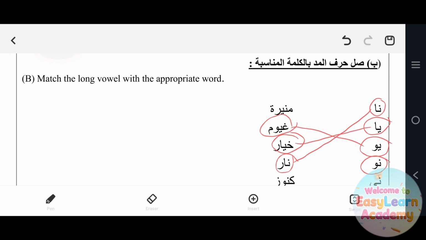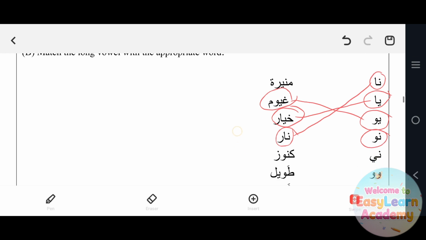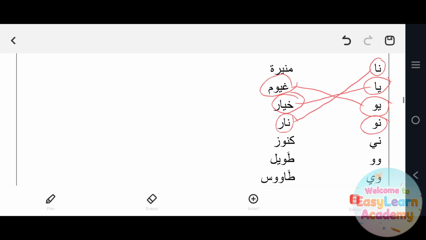The next long vowel is no. So I'm going to match with kunus. Kunus. Okay. The next long vowel is ni.